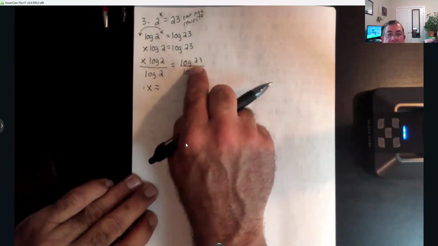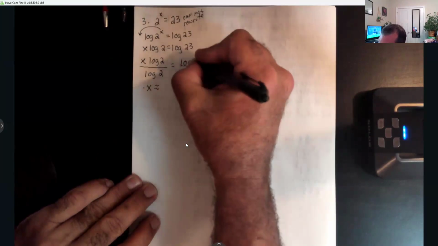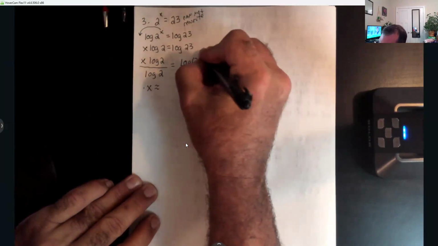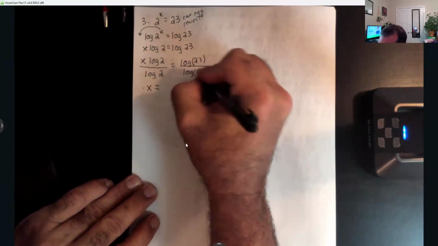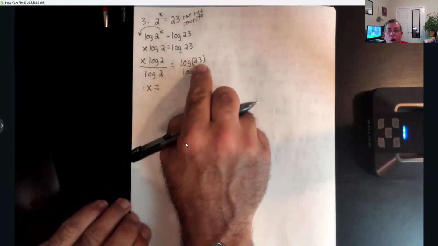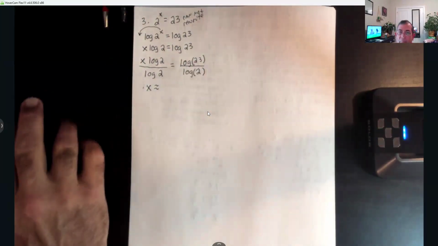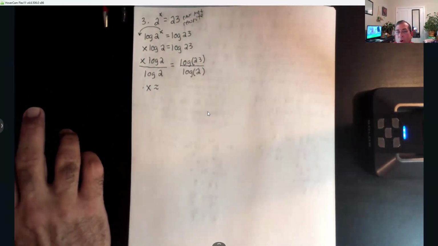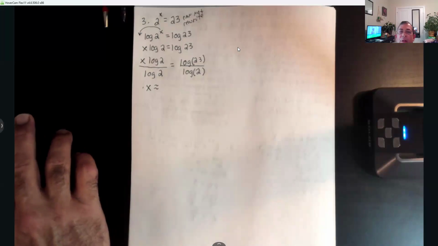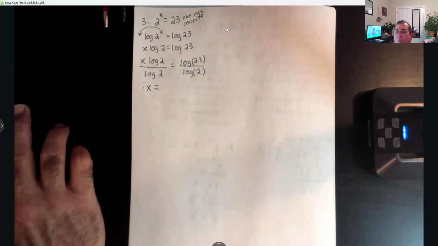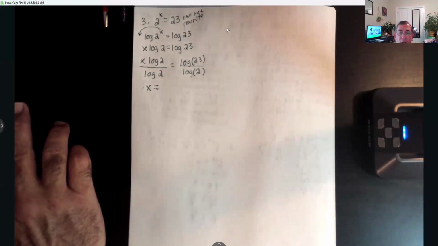Now, I'm going to do this on the calculator, but here's the trick. You gotta close your parentheses around those logs when we punch them in, okay? Because the calculator is going to give you one, and then you got to shut them. So I'm going to go to the calculator, and we're going to round this off to 4 decimal places.